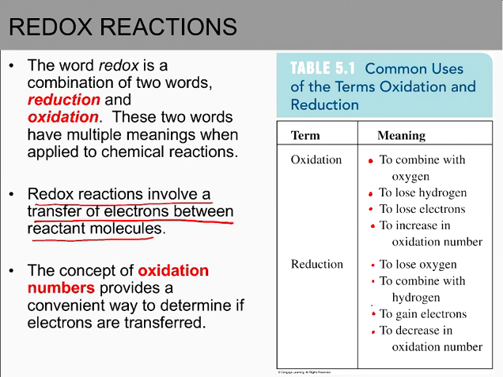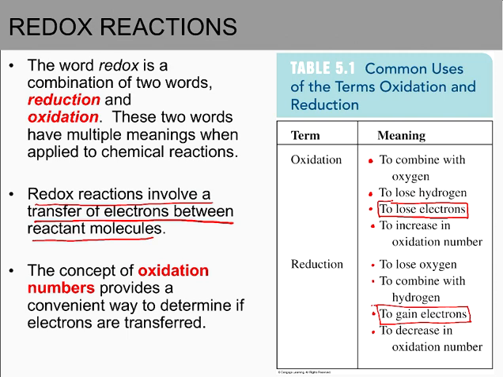So really the key meanings here have to do with electrons. Now, if something is gaining or losing oxygen or gaining or losing hydrogen, that does also involve a transfer of electrons typically. So all of these meanings are still very tightly correlated with each other. But we're going to focus mostly on the loss or gain of electrons.